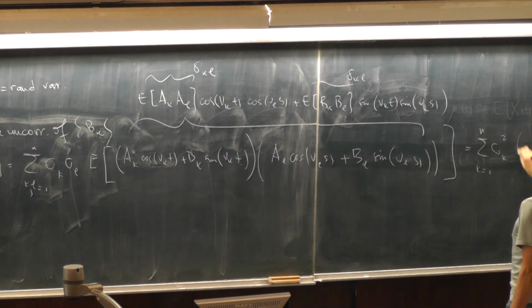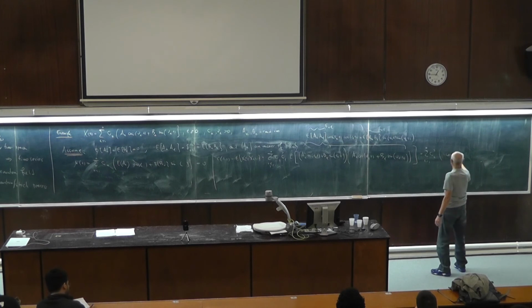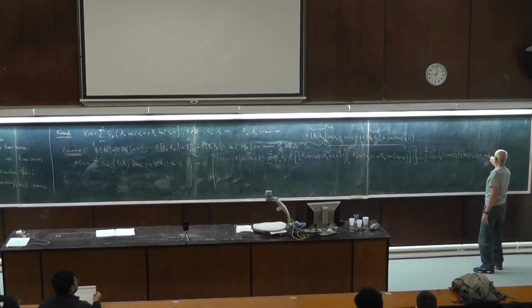So times cosine nu_k t cosine nu_k s plus sine of the same arguments.